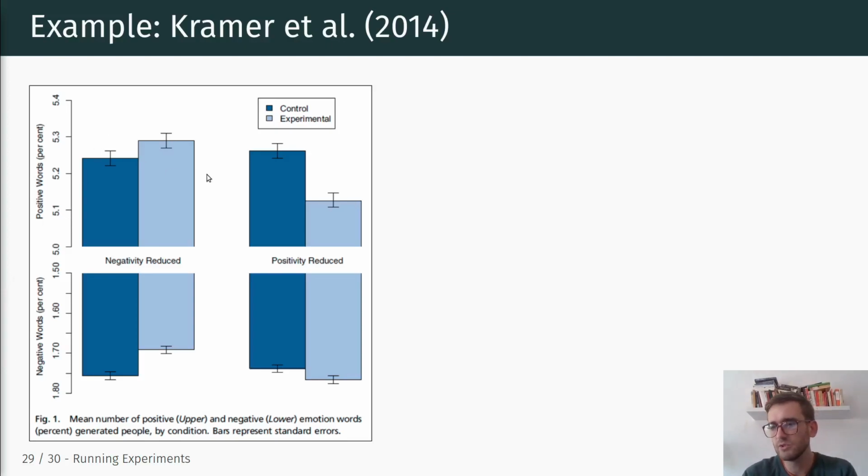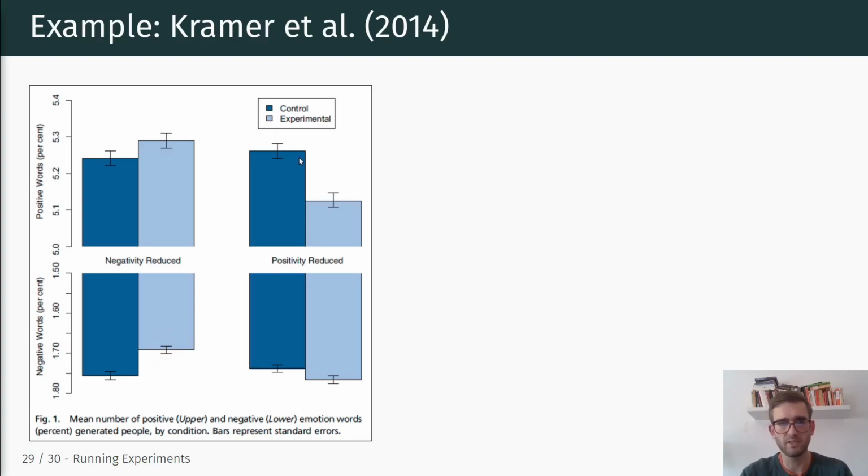posts, right? And so you see a significant difference in the number of positive and negative words for both conditions, right? So if you're in the negativity reduced condition as compared to the control, so this is now here compared to here, you see that there are more positive words in people's posts and fewer negative words.